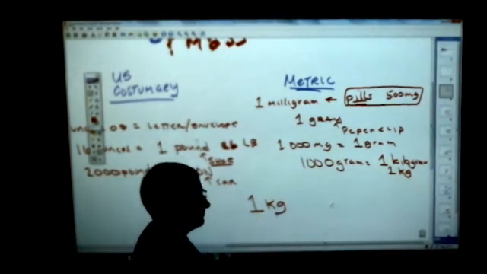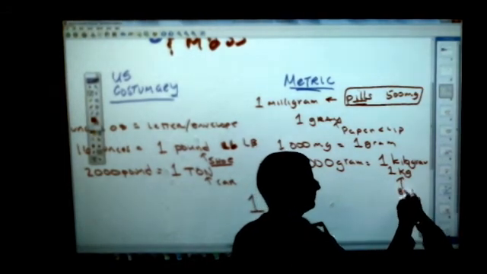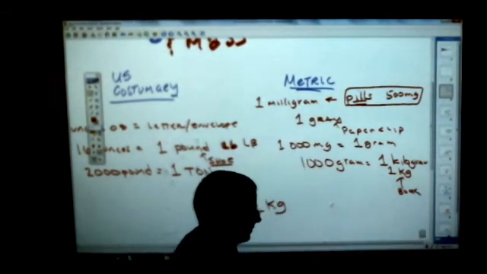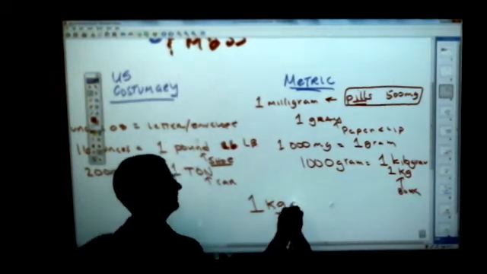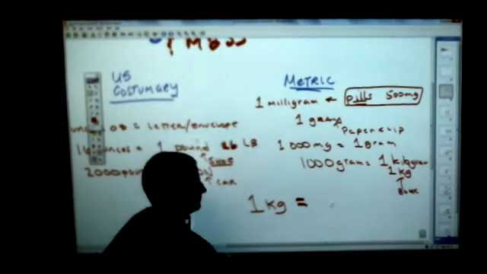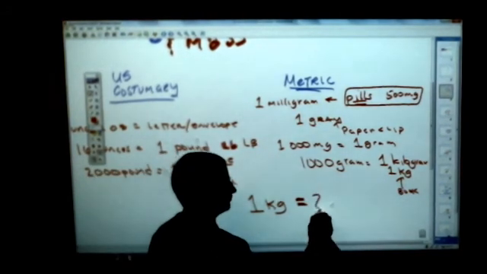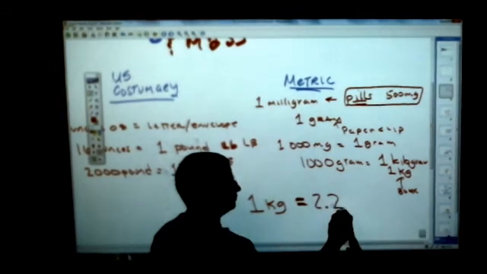By the way, what weighs about a kilogram? Your book is probably about a kilogram. How does a kilogram compare to a pound? A kilogram is more. Like the book says, it is 2.2 pounds.